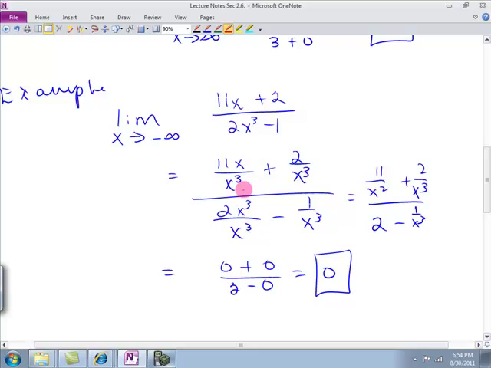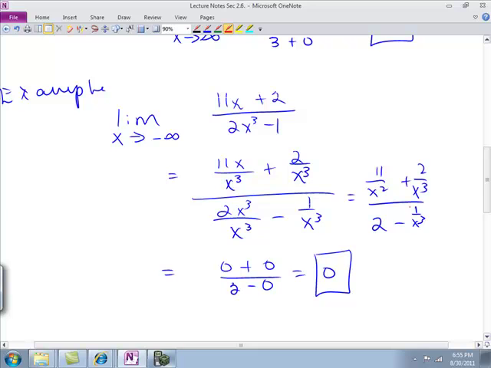We get 11x over x cubed, 2 over x cubed, etc. And then we clean it up. 11 over x squared plus 2 over x cubed, and then the bottom becomes 2 minus 1 over x cubed. Those both go to 0, so I have 0 over 2, which is 0.